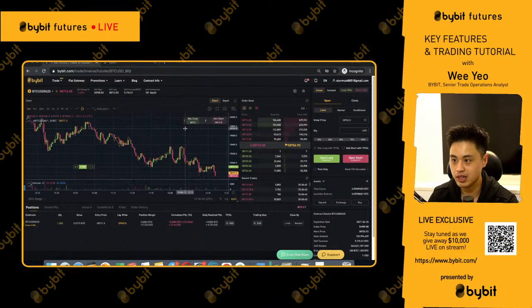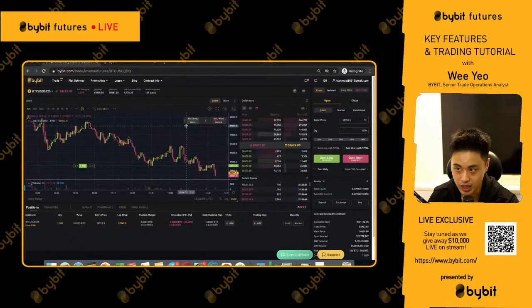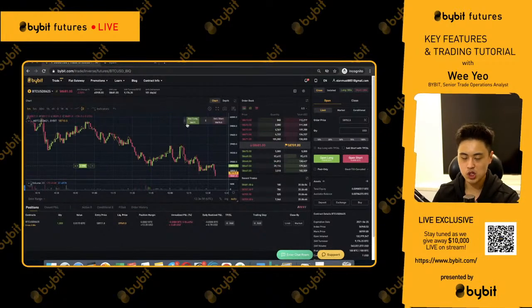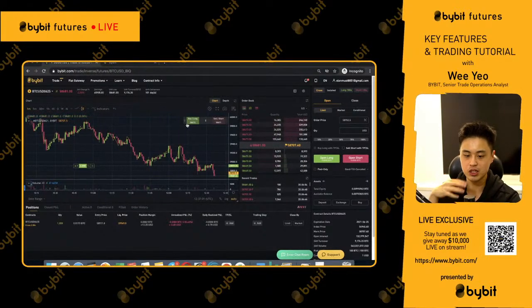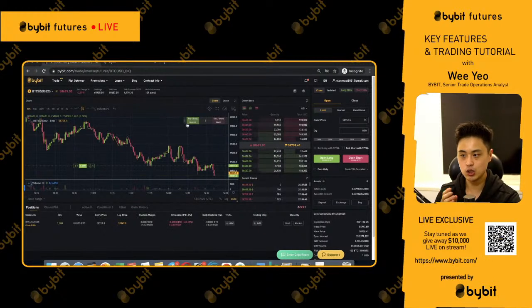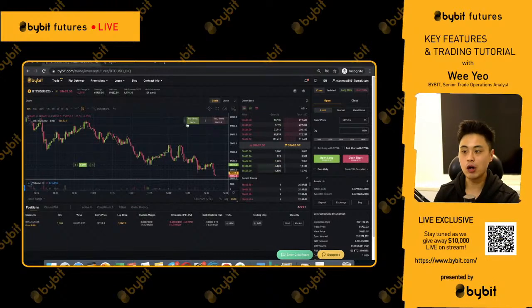Let me see, is there any other last question before I move on? Do I have to pay settlement fee? Bill, your question is: do you have to pay settlement fee if you close before the expiry date? You do not need to. The settlement fee only occurs when the position has been left until it expires, then it will incur 0.05%. If you close manually yourself, it depends on how you close it.